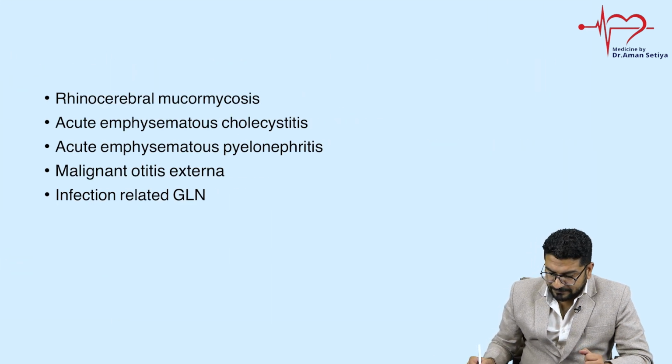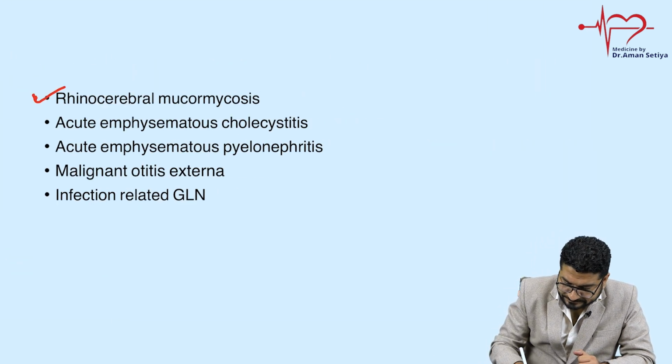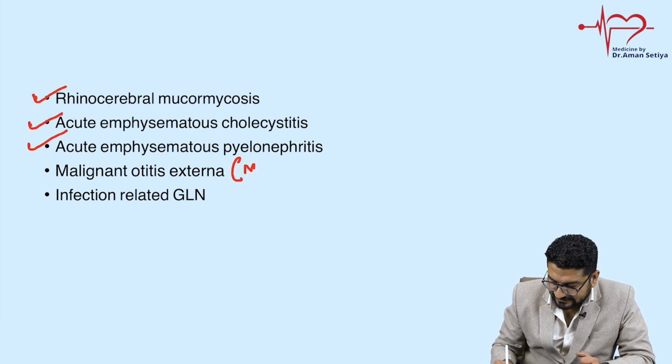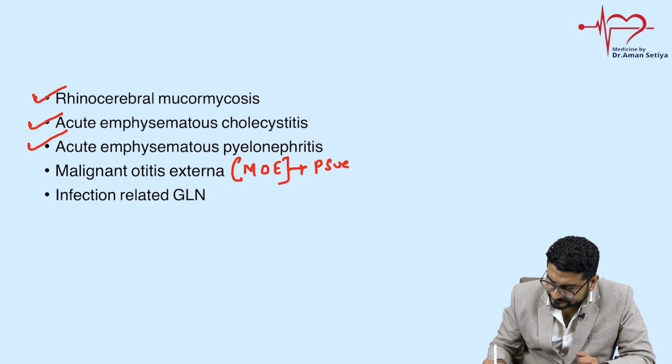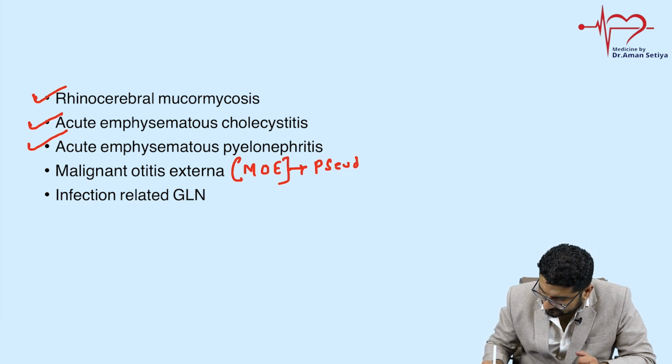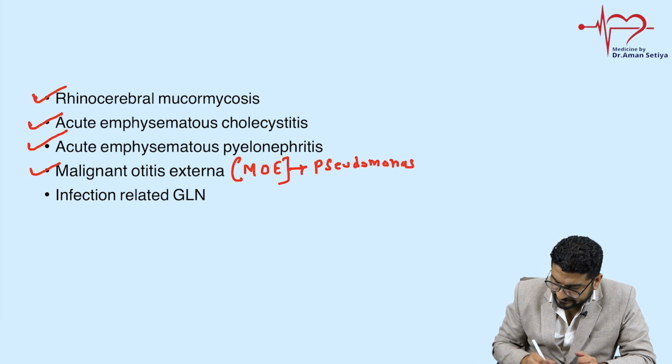Now rhinocerebral mucormycosis, emphysematous cholecystitis, emphysematous pyelonephritis, then this is very, very important, and an ENT favorite MCQ, malignant otitis externa, which is caused by Pseudomonas. Then infection related glomerulonephritis.